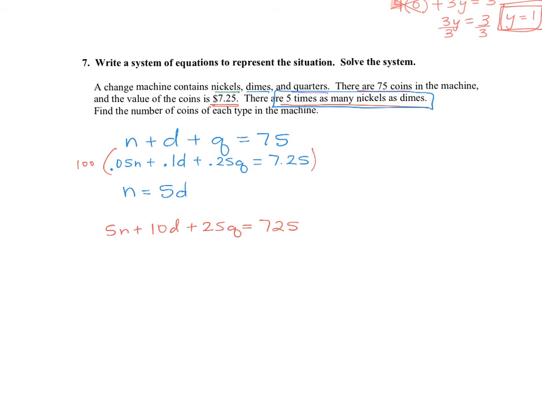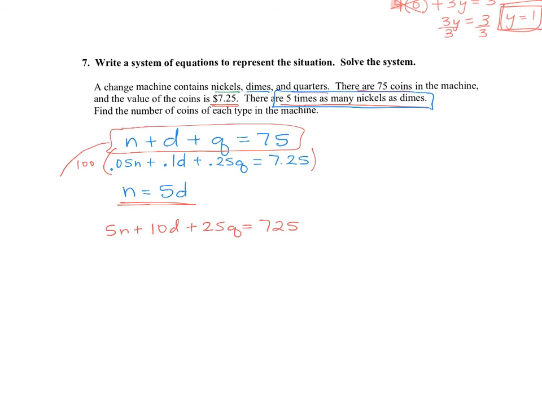So then, the second thing that we're going to do is substitute n in both equations. I know n is equal to 5d. So that's what we know here. I'm going to take out the n's, and I'm going to put in a 5d. Let's just separate that.